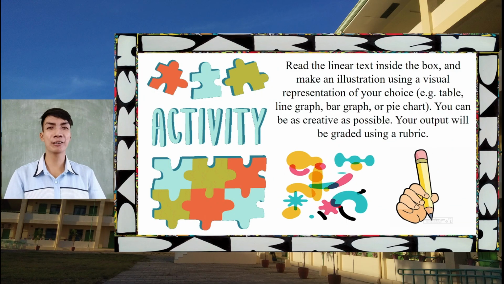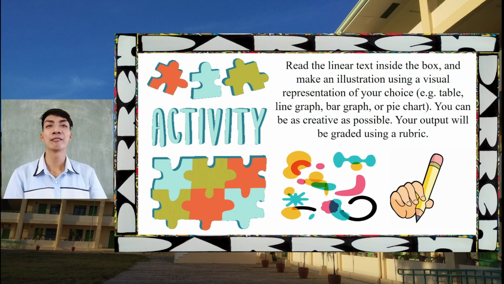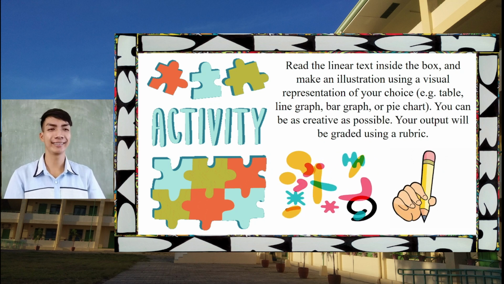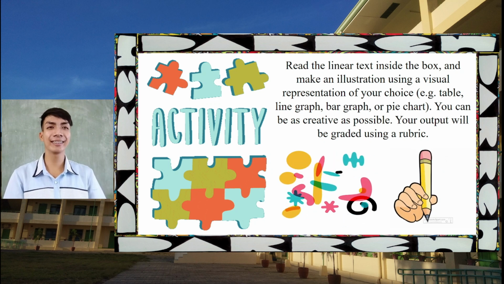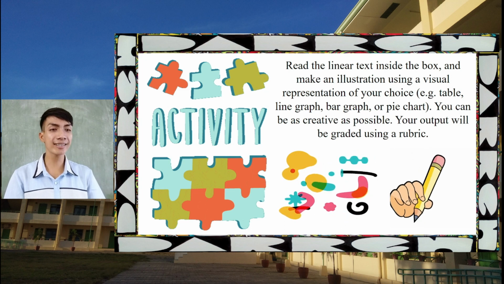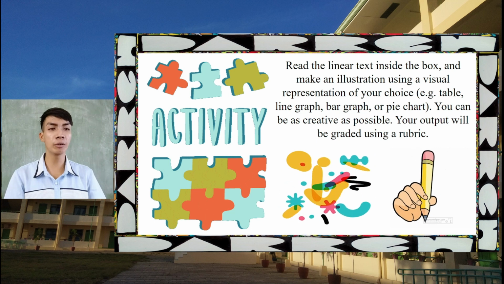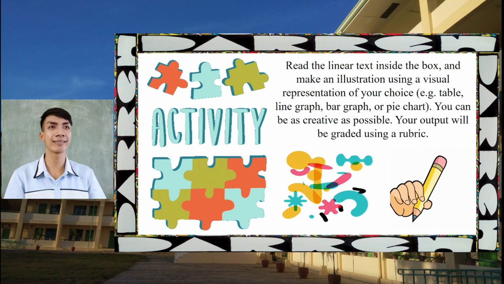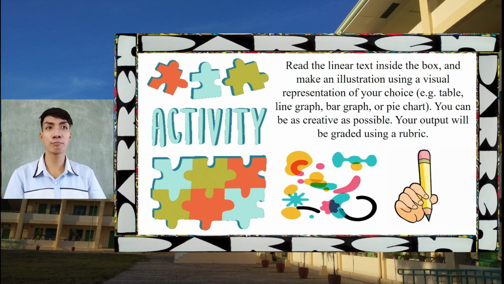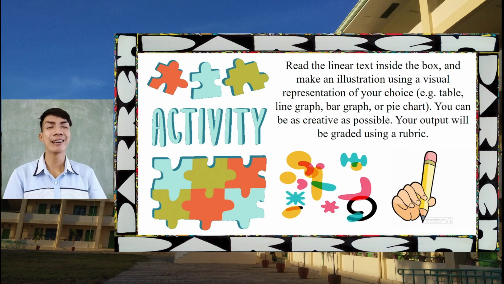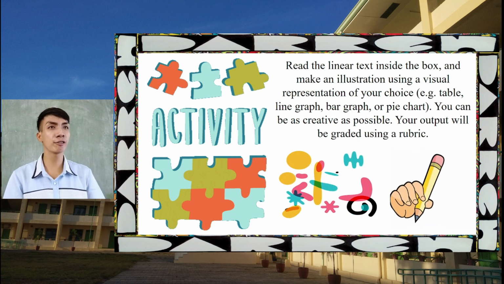We're done with our first activity. Let's go to the second one. Read the linear text inside the box and make an illustration using a visual representation of your choice. You could use table, line graph, bar graph, or pie chart.